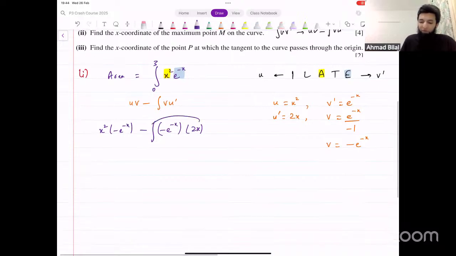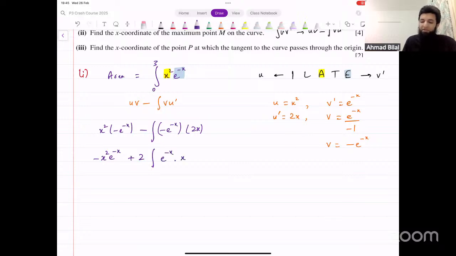Before we do anything else to this, let's simplify first. That will save you from careless errors. Minus x squared into e raised to power minus x. This is minus, it becomes plus outside. 2 is a constant, we can write that outside as well, again to simplify things a bit. What are we left with inside now? e raised to power minus x times x.